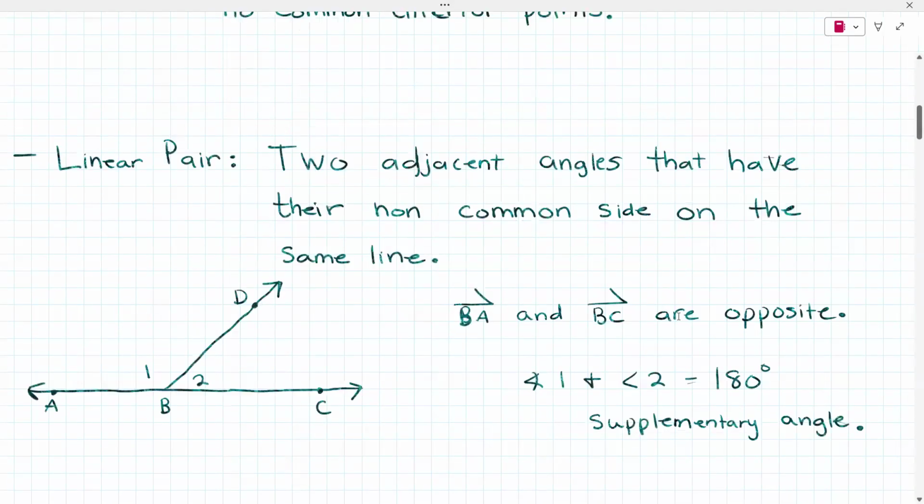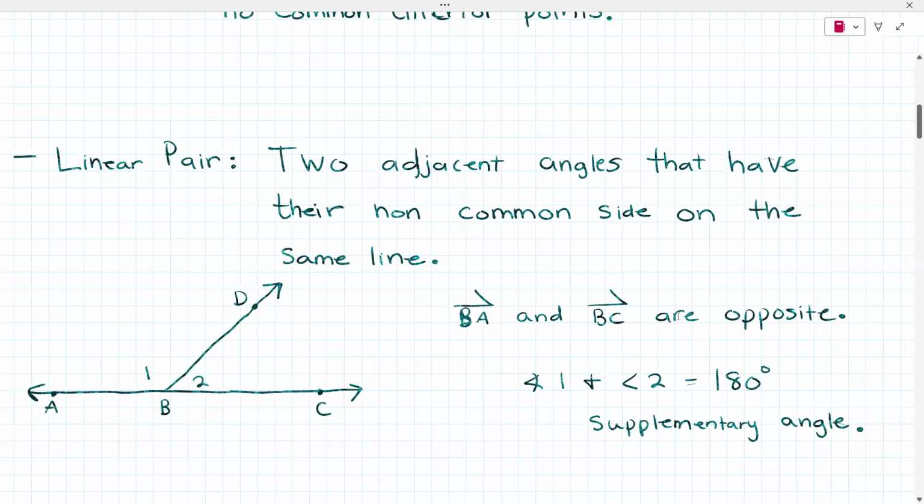So in this example, angle 1 and angle 2 are also supplementary. When you add them up, they add up to 180. And ray BA and ray BC are opposite.